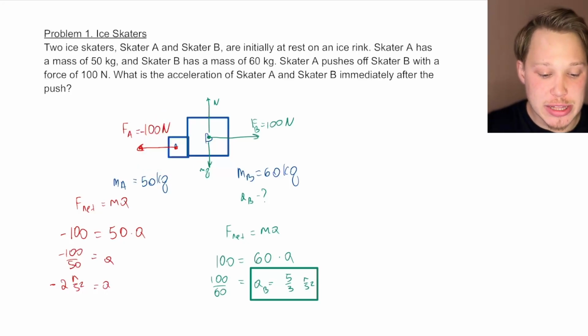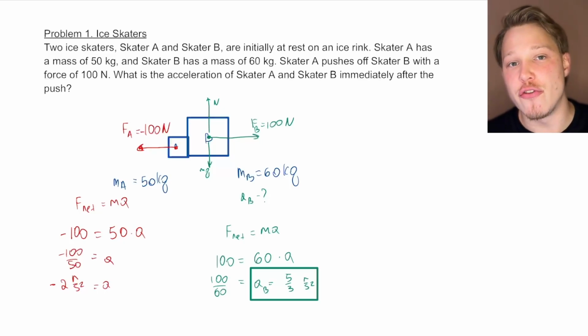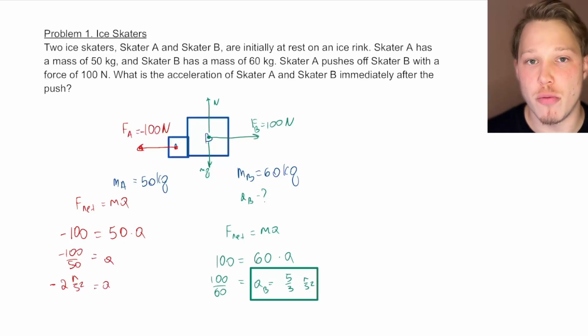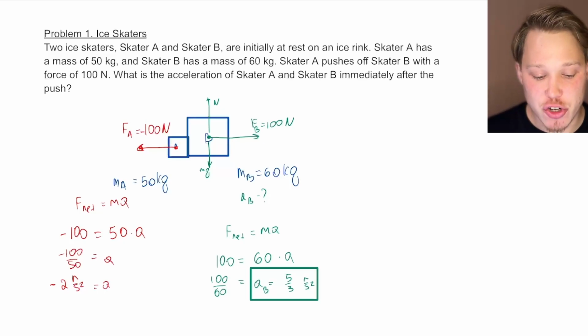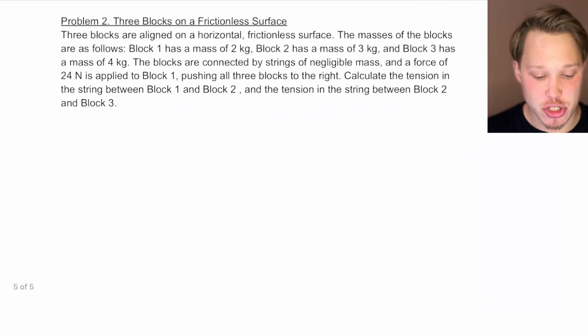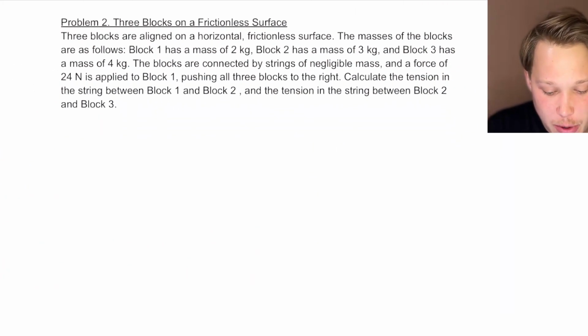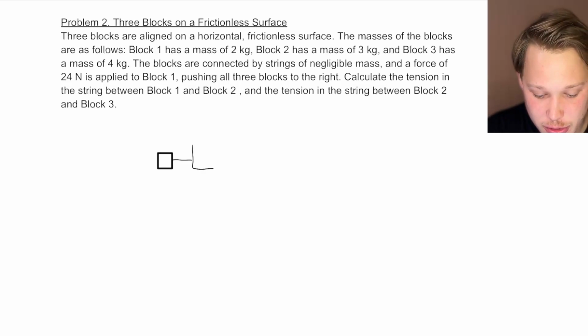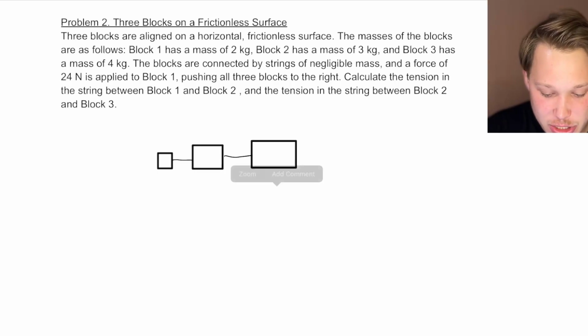So now that we looked at this example, let's take a look at another very typical Newton's third law problem, which is when a bunch of blocks are connected by a string. In this problem, we'll have 3 different blocks aligned on a horizontal frictionless surface, just like this.